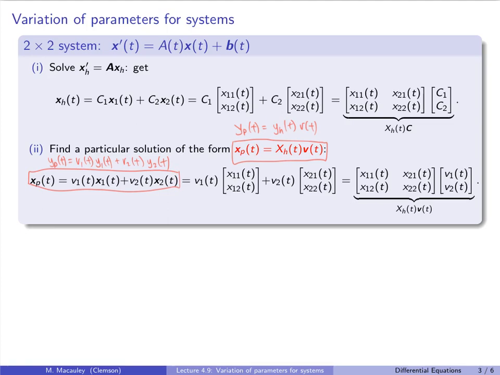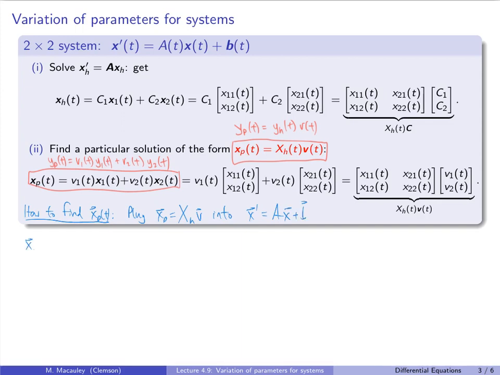Okay, so of course our next step is to just plug in xp, which is xh times v, into the ODE x prime equals ax plus b. Okay, so let's do that.